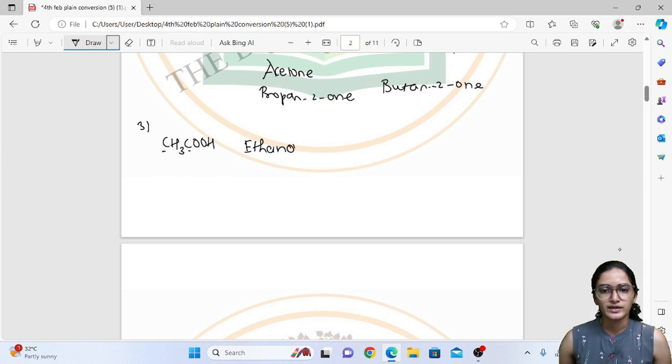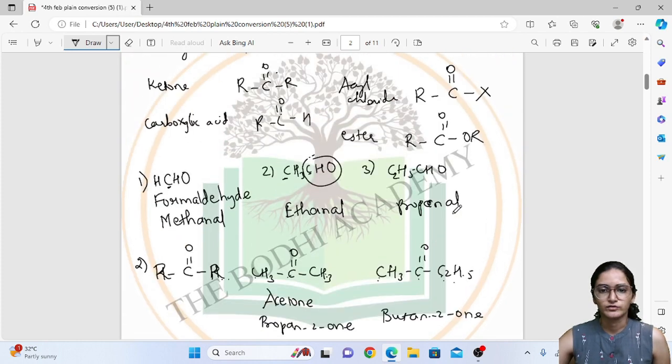So the name will be ethanoic acid. Then if you take CH3CH2COOH, since there are three carbons, the name will be propanoic acid. So carboxylic acid names you have to write this way.